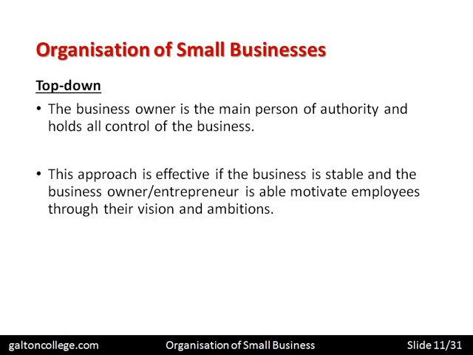It could lead to conflict and disputes and ultimately high staff turnover, which is expensive. So there are issues with top-down that need to be considered. The owner, in passing orders from the top, needs to incorporate what is the culture within the business and what will the employees accept and not accept.